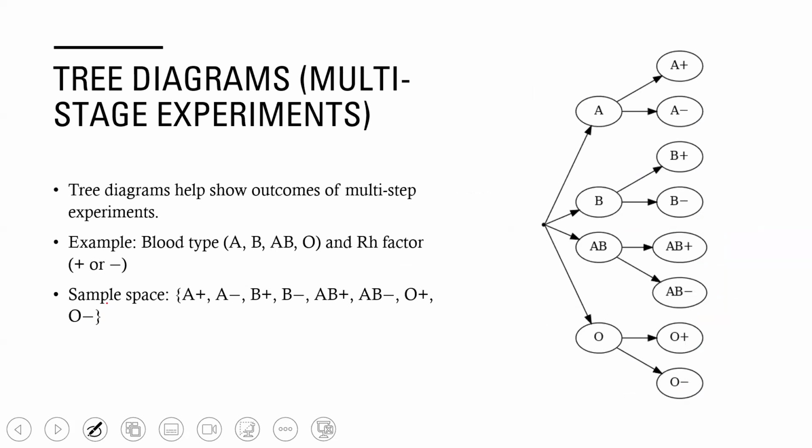When an experiment involves more than one stage, a tree diagram can help us map out all possible outcomes. In this example, we have two stages, blood type and Rh factor.